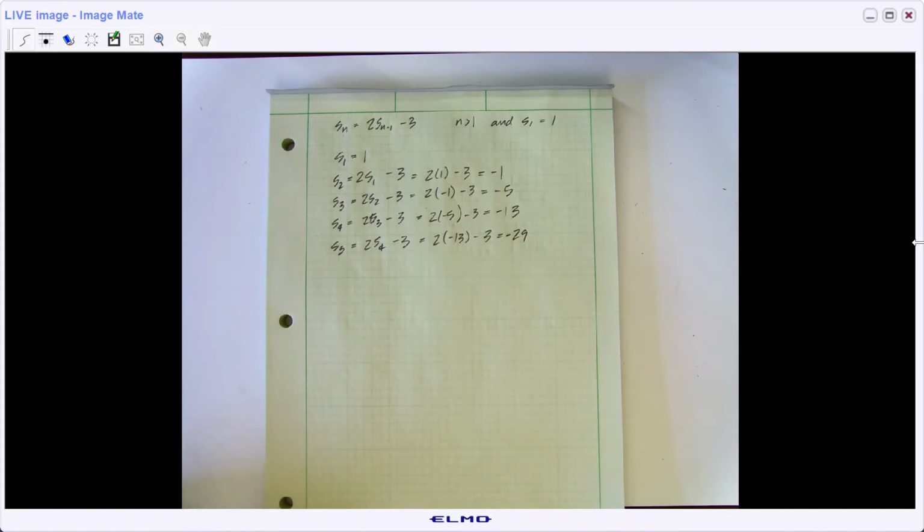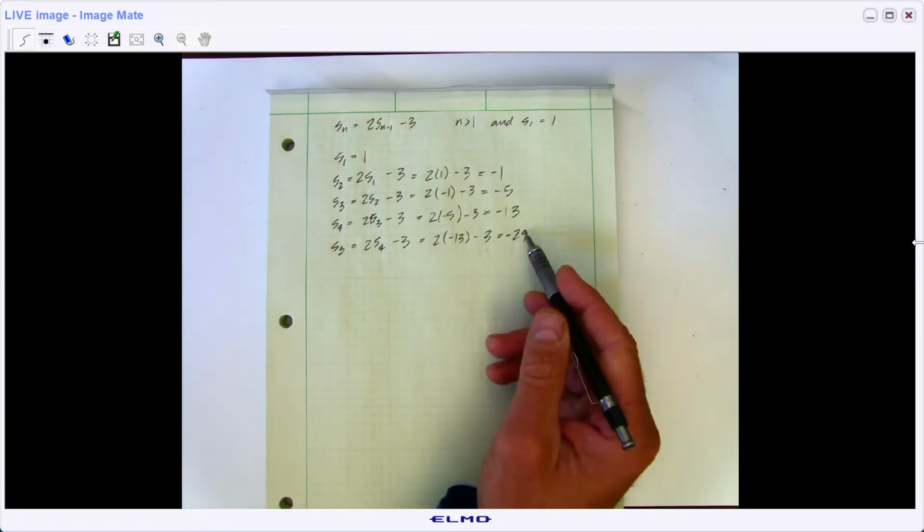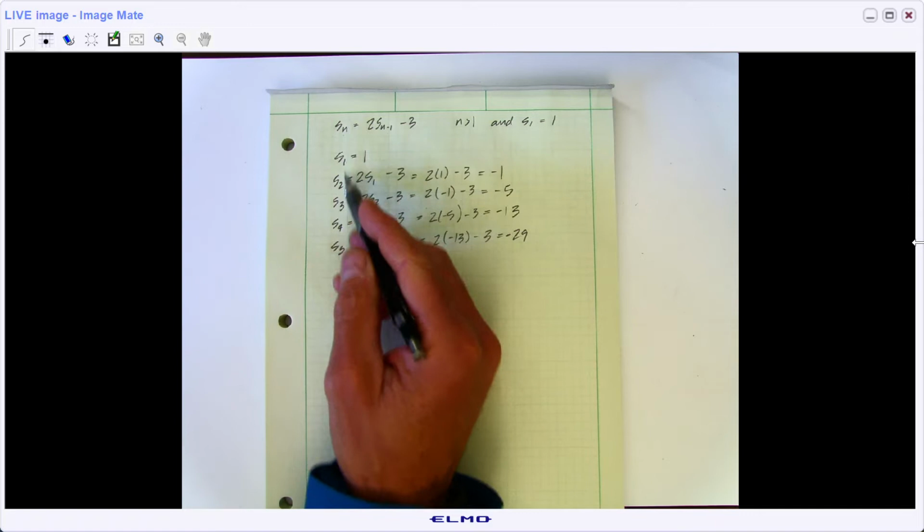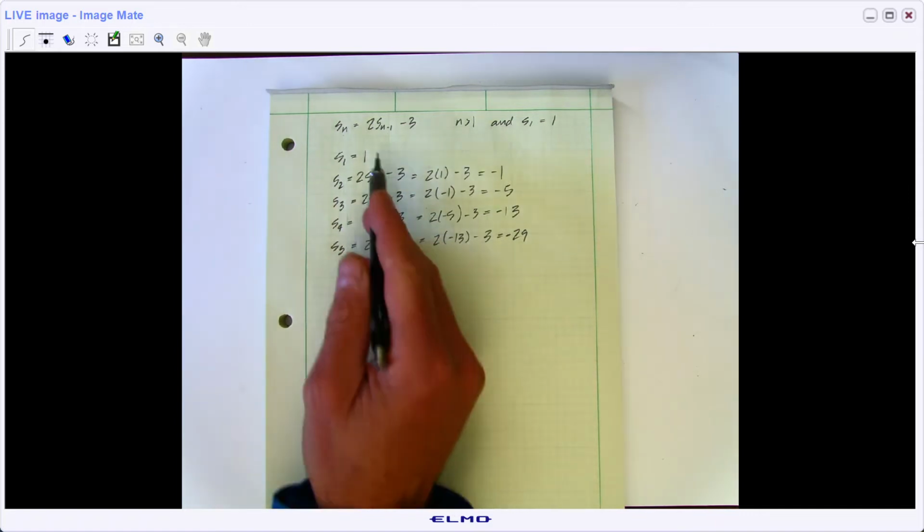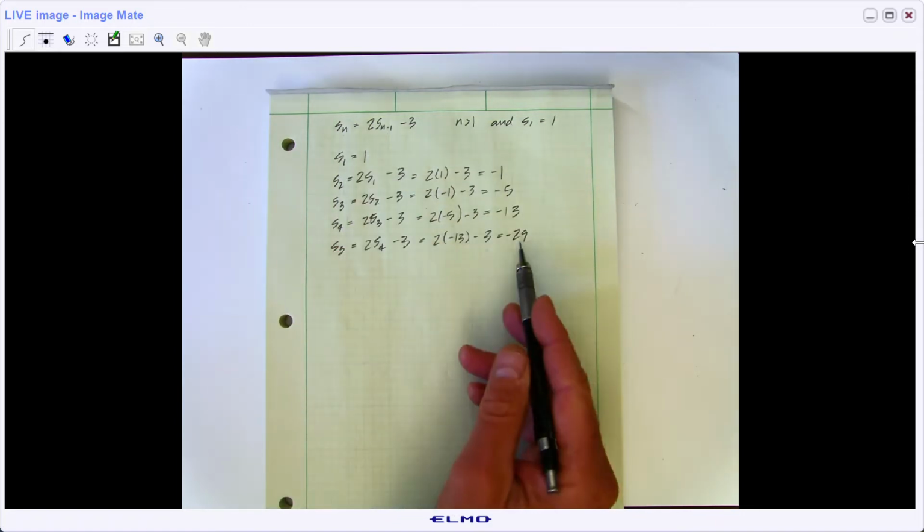How could we represent it graphically? So it seems like if I was forced to represent this thing graphically, what I would need to do is plot from 1 to 5, from the value of 1 down to negative 29.